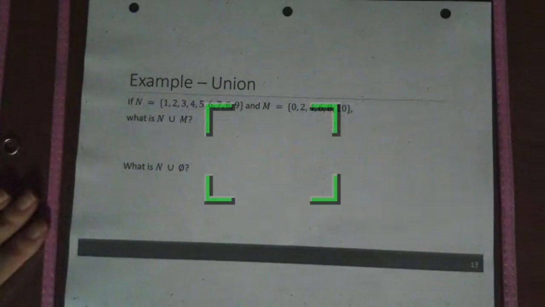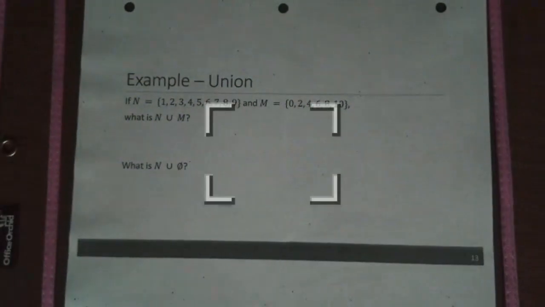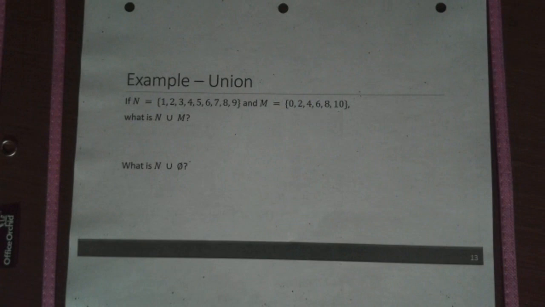We're going to bring back the same sets, N and M. So set N contains 1, 2, 3, 4, 5, 6, 7, 8, 9. Set M contains 0, 2, 4, 6, 8, and 10.